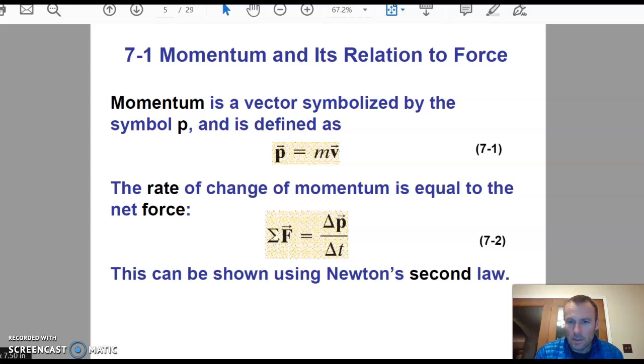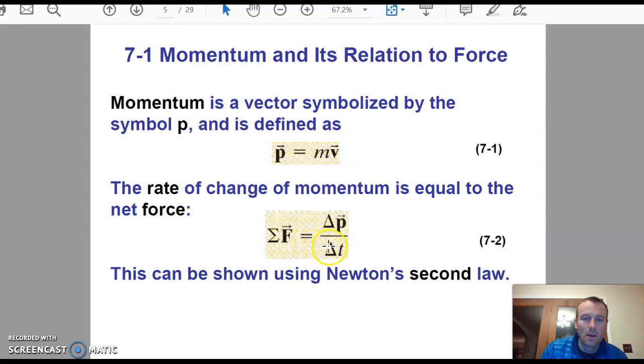One of the topics that we'll need to discuss first before we get to collision problems is something called the impulse, which is the same thing as this change in momentum. So if you look at the second equation here, I have the net force equal to change in momentum divided by change in time. And the impulse is going to be this quantity that changes the momentum of the system.